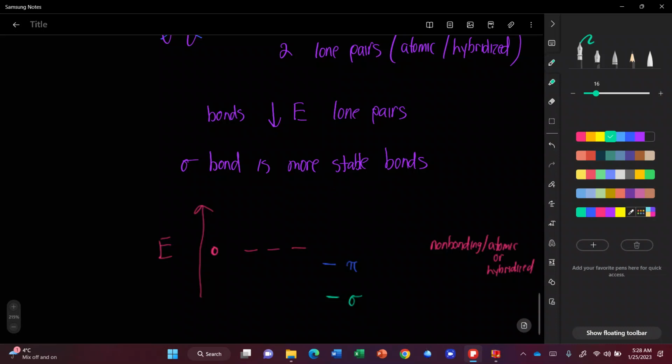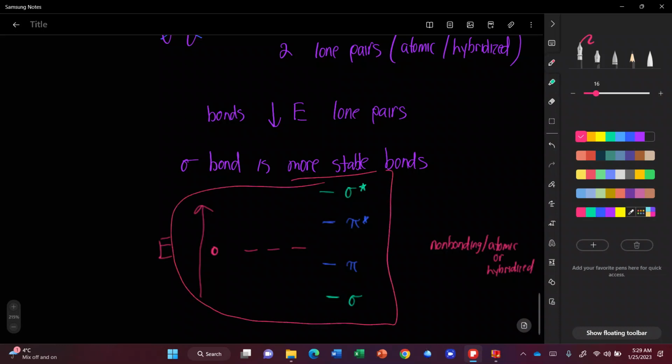It turns out that antibonding orbitals are symmetric with respect to energy to the corresponding bonding orbital. What that means is that even though a sigma is more stable than a pi, a pi star is not as unstable as a sigma star. All I want you to get out of this is a grasp on this relative order.